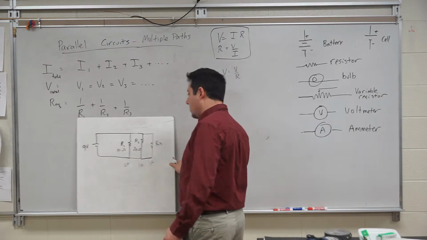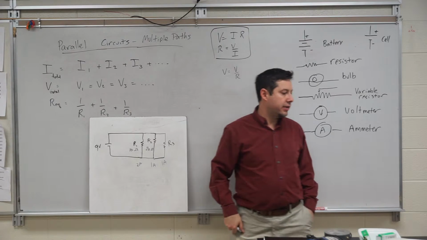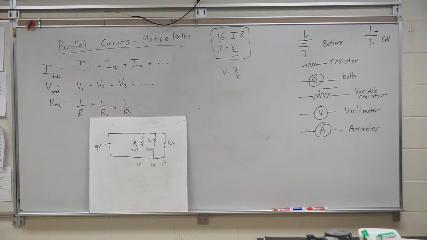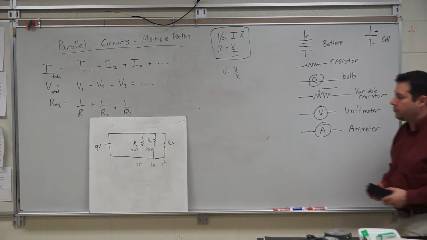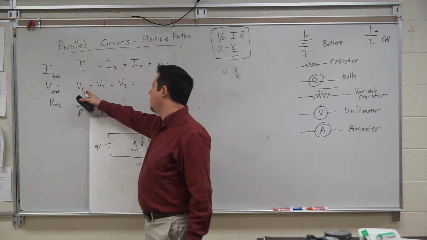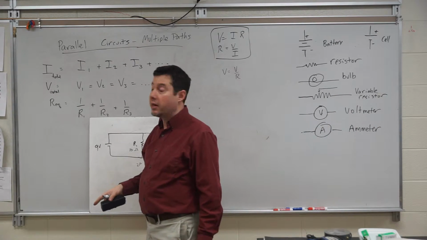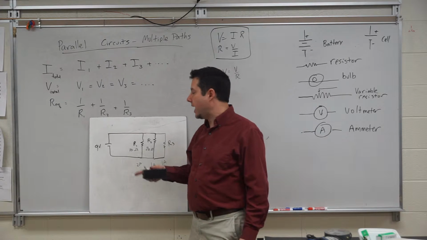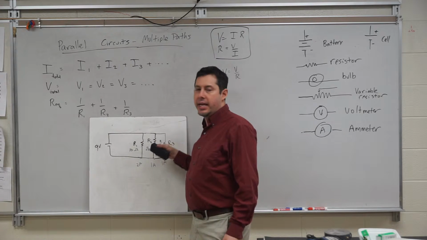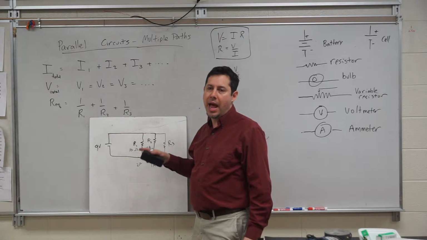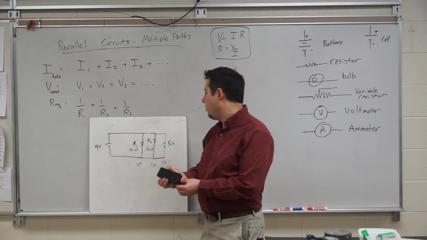Now let's get to a slightly more complicated one. V equals V1 equals V2 equals V3. It's basically a fancy way of saying that the voltage in each of these different paths is the same.